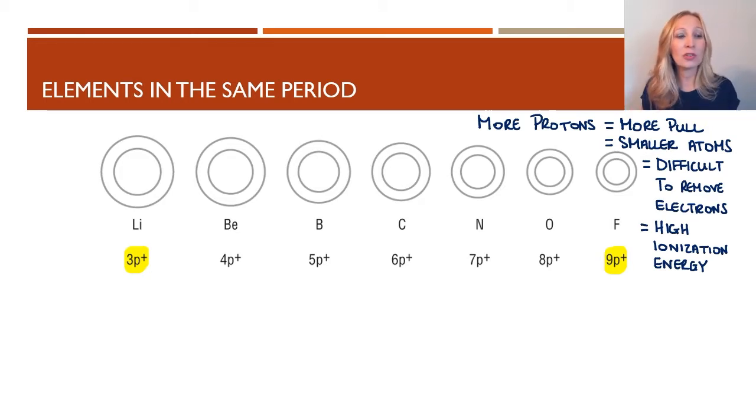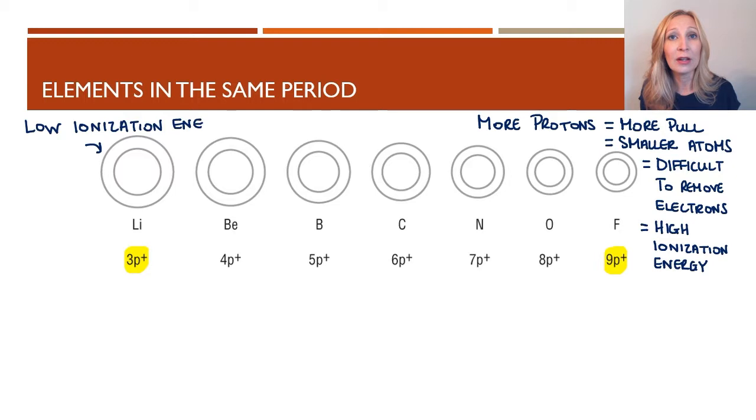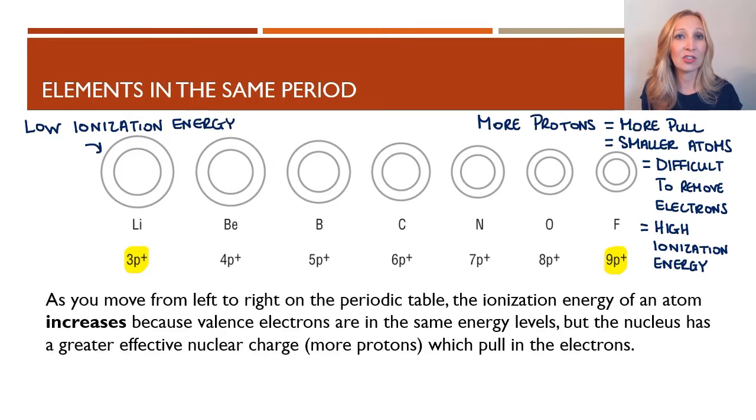Now if we look over to the left-hand side, over by lithium, we have fewer protons, so there's going to be less pull, which means we're going to have bigger atoms, which means it's going to be easier to remove electrons, which means we're going to have a lower ionization energy. So the lower ionization energies are going to happen at the left side and the higher are going to happen at the right side.